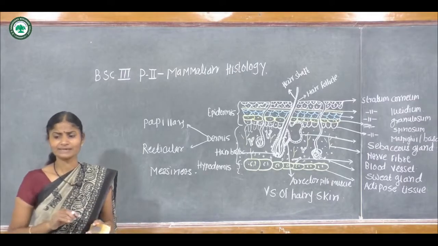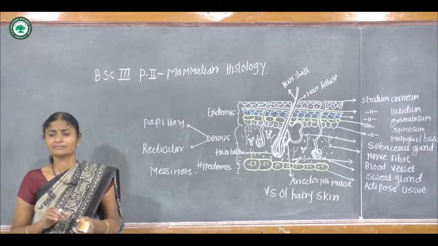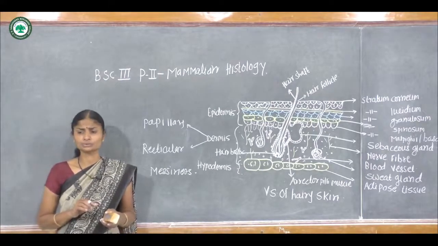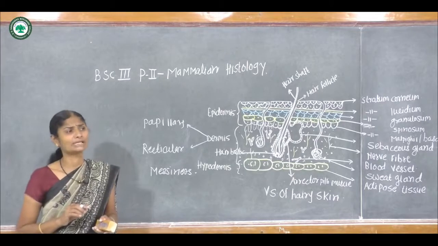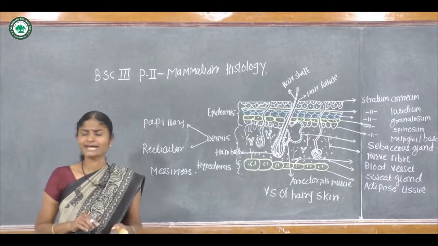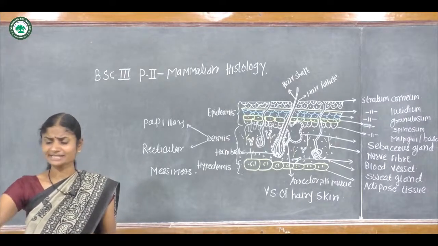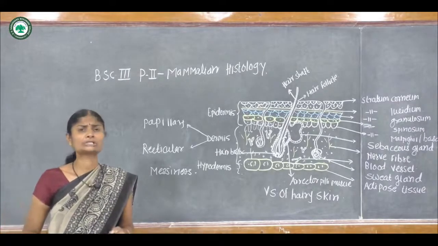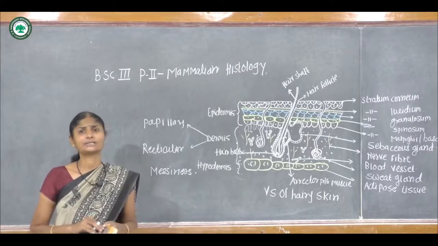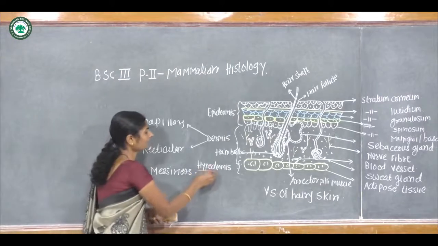This layer also contains pigmented connective tissue called dermal chromatophores, and also sweat glands and sebaceous glands are present in the reticular layer.